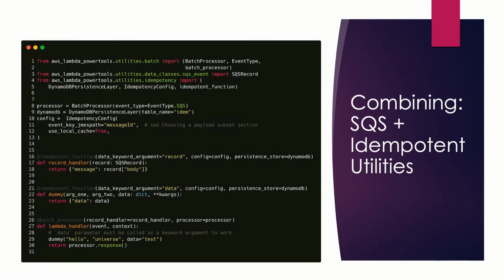From an SQS queue processing perspective, combining batch processing with idempotency, now you've combined two key problems that we have to deal with when we're dealing with stream processing. We've now got idempotency. This idempotent function won't call twice based on these keyword arguments and configuration I pass in.